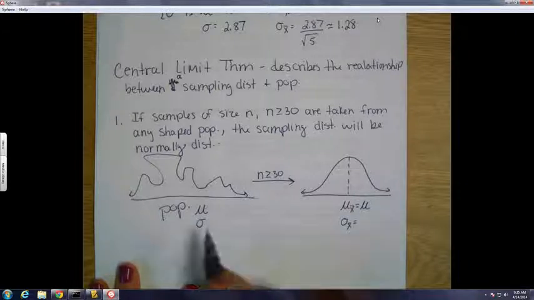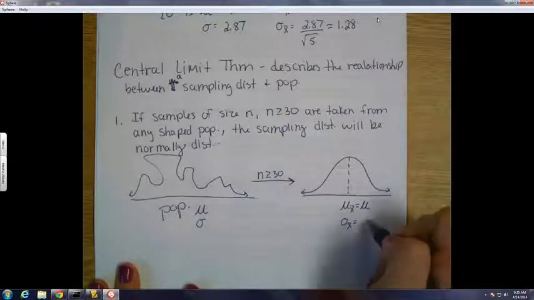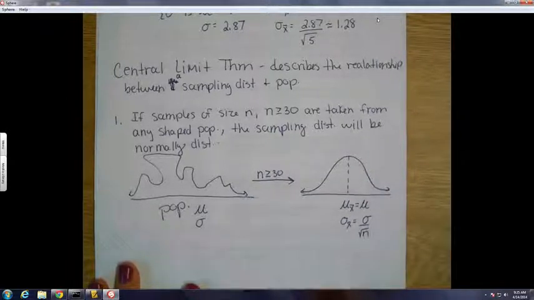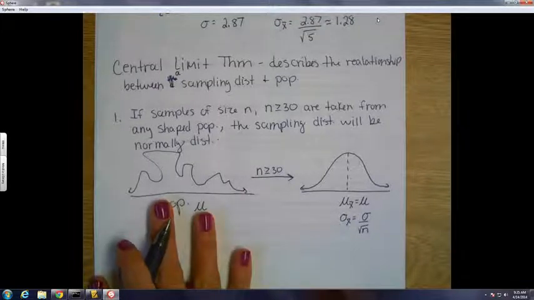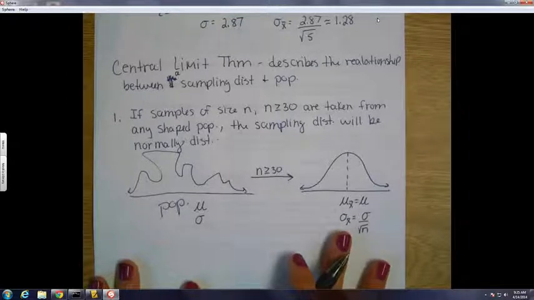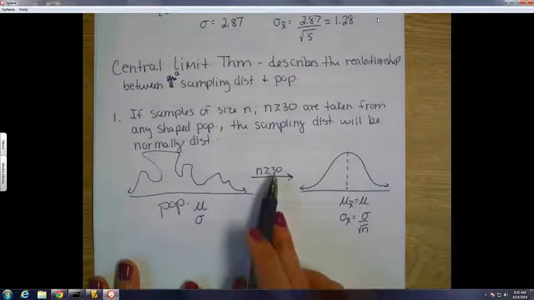That little thing we had before, the population standard deviation divided by the square root of the sample size. Standard error. So we're taking something very ugly and turning it into something nice and normal that we can do statistics with. But I have to take at least 30.